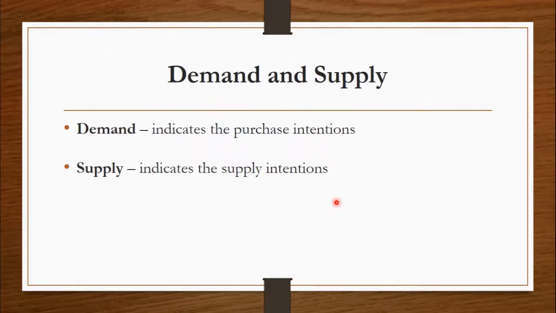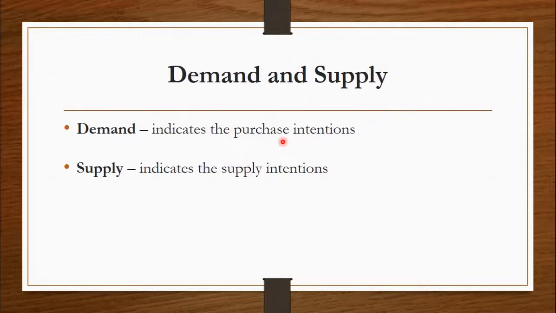briefly understanding what demand and supply is. When you say demand, of course, it indicates the purchase intentions. When you say purchase, of course, it relates to the buyers, right?